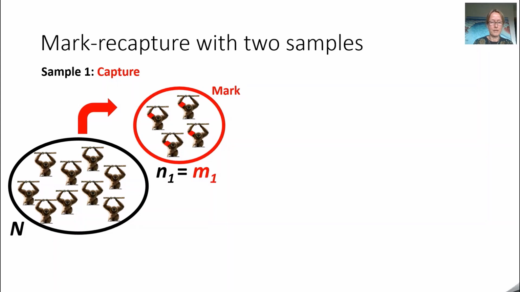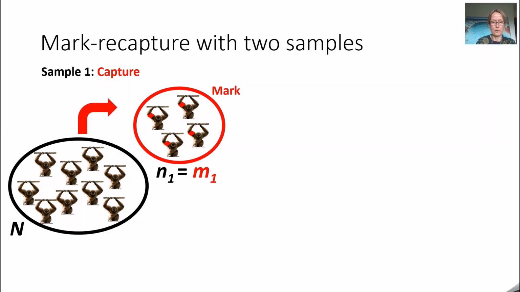In this example, we add a red mark to the animals sampled by detector 1. There are other methods for marking. Lots of animals have natural markings that allow us to identify them to individuals. This cannot be done for individual gibbons or gibbon groups, of course, but we'll cover later on how we can mark gibbon groups. So little n1 represents the number of animals detected by detector 1.